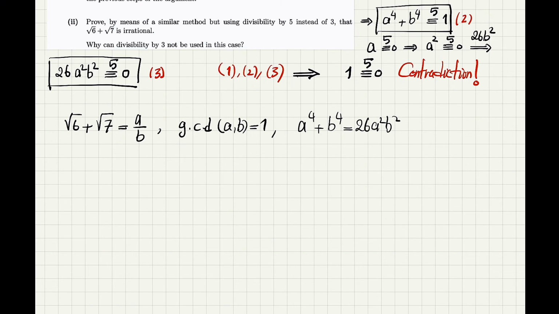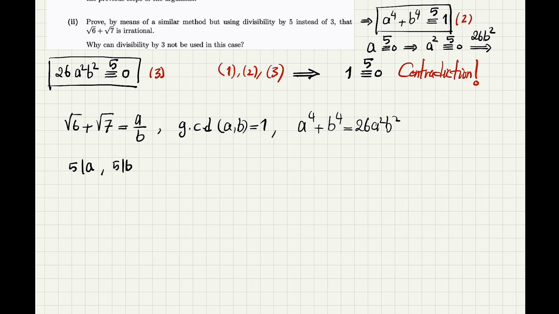On the other hand, a and b is just a pair of positive integers. Okay, so it means that one of these conditions should hold. Yes, which conditions? I would write them here for you. Either a is divisible by 5, and b is also divisible by 5.